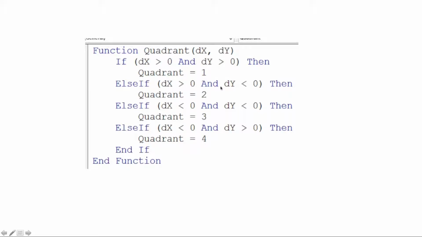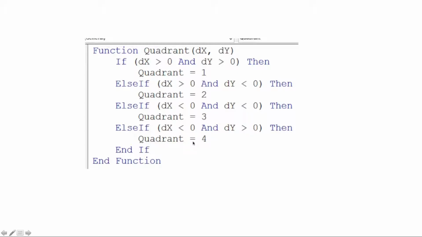If the first one was false and the second one was false, the third one is to check for x less than 0 and y less than 0. So we're using the quadrant number 3 as a result. The last one is for x less than 0 and y bigger than 0, so we're talking about the quadrant number 4.